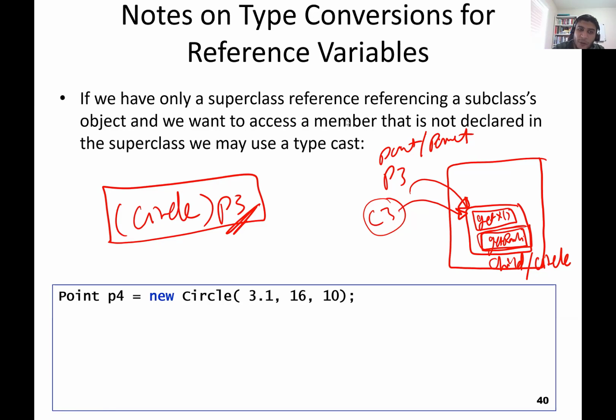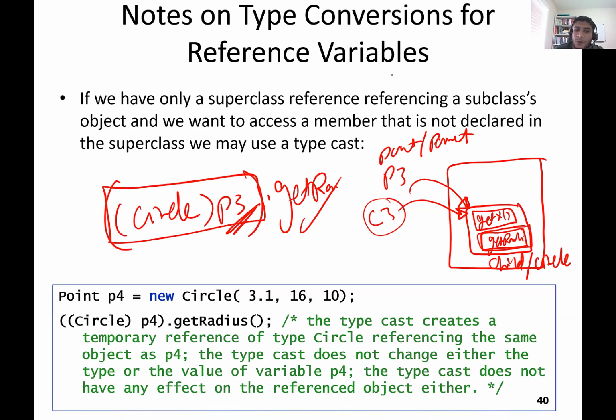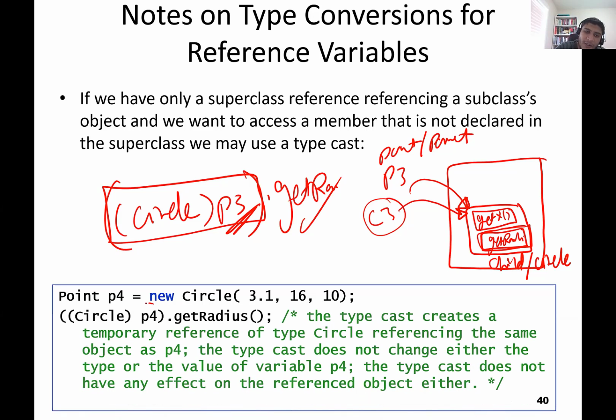Which means if I do something like this and then say dot getRadius, it would still be allowed, right? And that's exactly what we have here. I had a reference of type point. I cast it to a reference of type circle. The object itself, most importantly, is of type circle. Then accessing getRadius will be allowed, right?